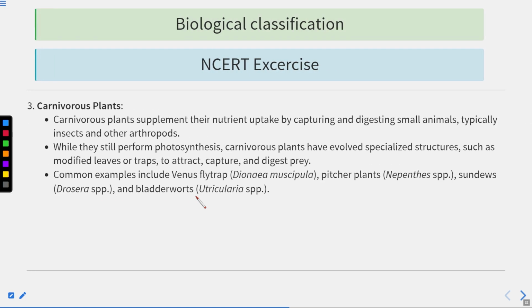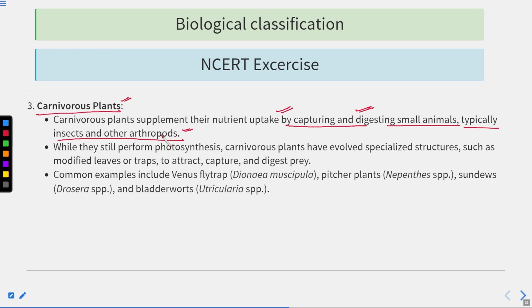The third one is the carnivorous plant. Carnivorous plants supplement their nutrient uptake by capturing and digesting small animals, typically insects and other arthropods. Their body is organized in such a way that they can capture insects and flies and digest them in their digestive system.